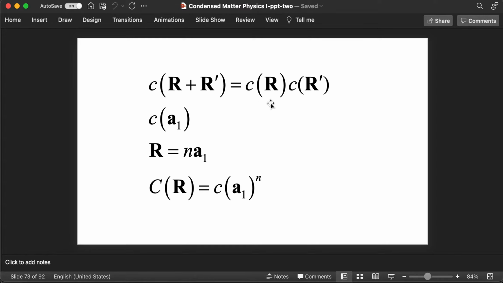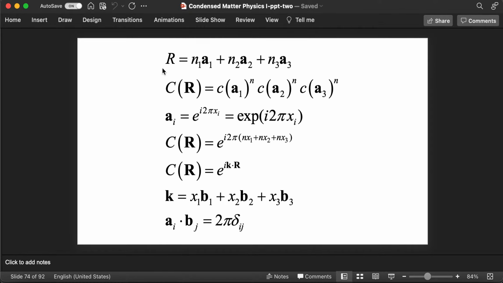So given this, suppose I want to find C of A1, where A1 is one of the primitive vectors of the Bravais lattice, and I can write the Bravais lattice vector as some n times A1. Then if I want to find C of R for this R, that would simply be multiplying C of A1 n times, so that will be C of A1 to the power n.